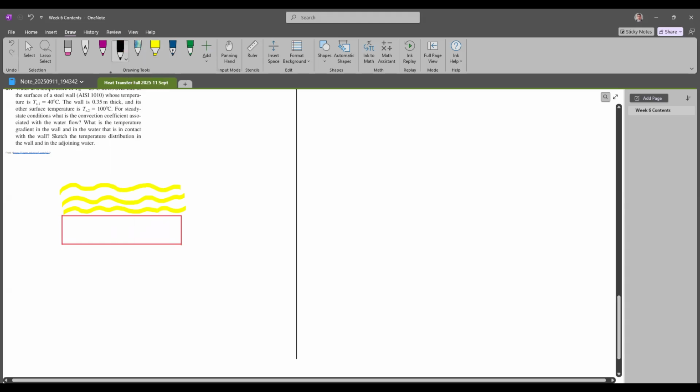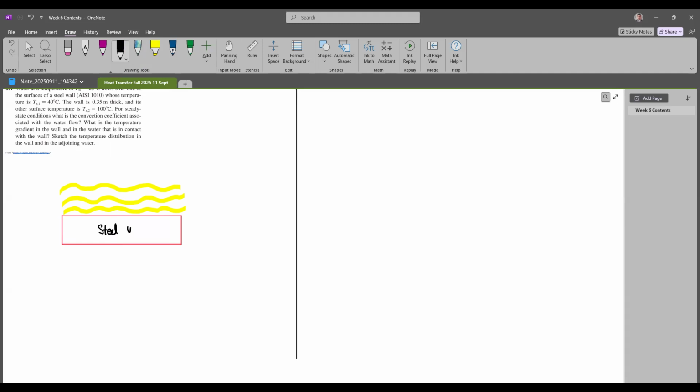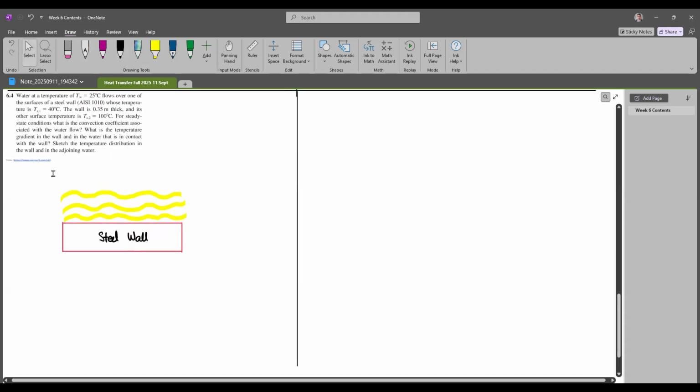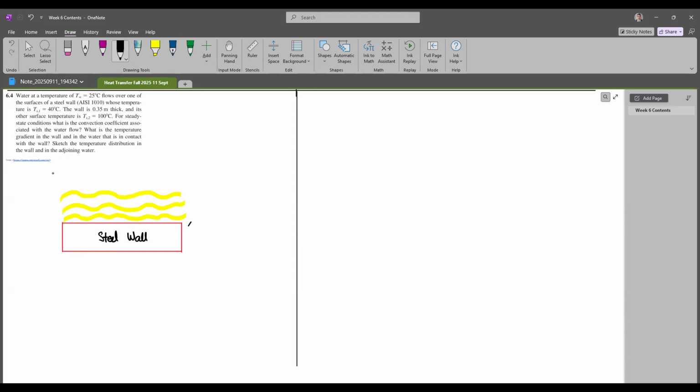This is the steel wall. What else have we got? The wall is 0.35 meters thick. So this is 0.35. And the T infinity is 25 degrees Celsius.